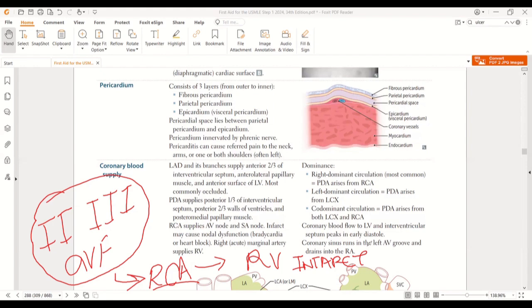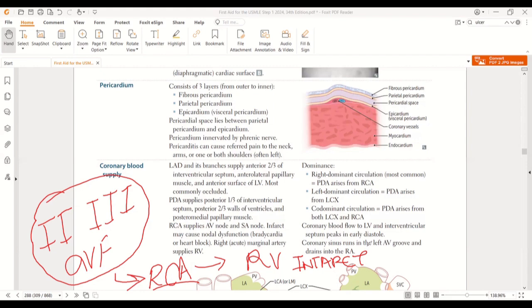The preload of the right ventricle is severely decreased because right ventricular myocardial infarction is associated with severe hemodynamic instability and severe hypotension. I'm talking about the preload of the right side and the preload of the left side.